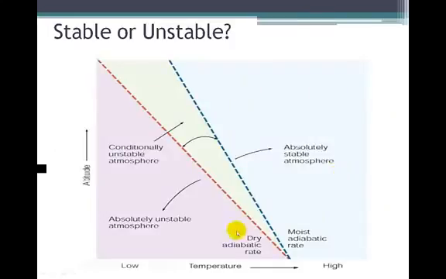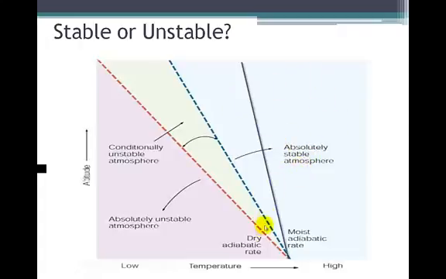So here's a graph that shows the dry adiabatic lapse rate in red and the moist adiabatic rate in blue. And where our environmental lapse rate falls will tell us. If it's somewhere over in this area, then it's absolutely unstable. So if it falls over somewhere on this side, it's an absolutely stable atmosphere.